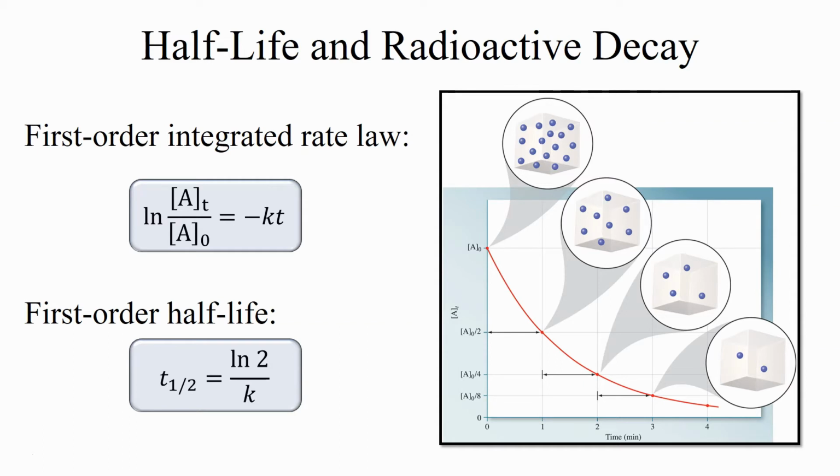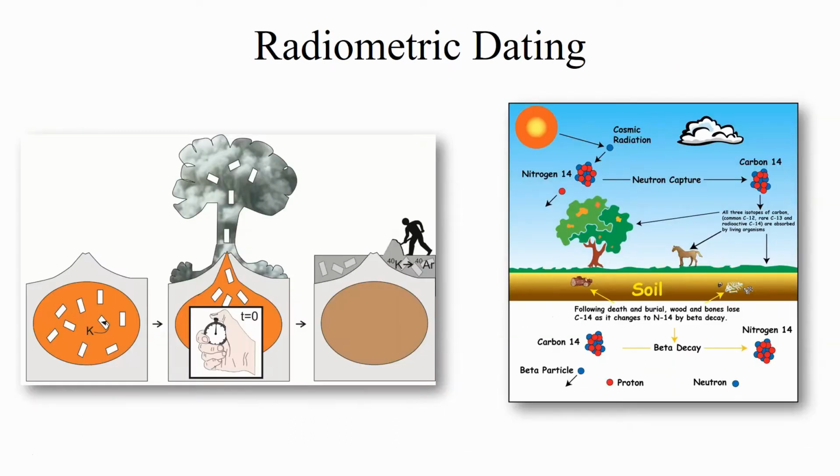Now, oftentimes, radioactive isotope decay is given in half-life, and as we recall, half-life is the time it takes for half of the material to disappear, or to decay, or to react. Now, radiometric dating depends on the ability to determine the ratio of the parent nucleotide to the daughter nucleotide, or the decay product.